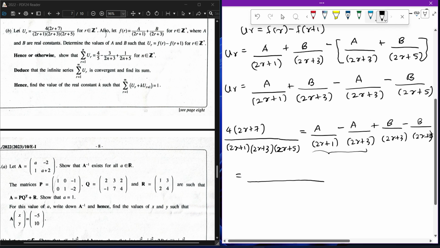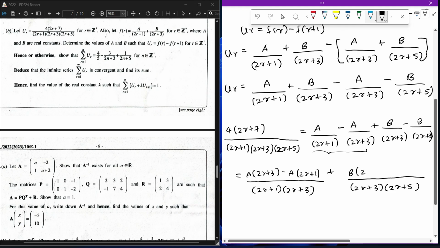Once I simplify, you write the denominator as a product: a(2r plus 3) minus a(2r plus 1), plus again with the b expression, write the denominators as a product, then b(2r plus 5) minus b(2r plus 3).